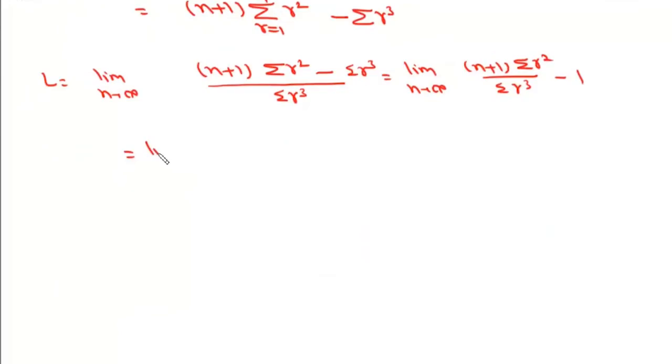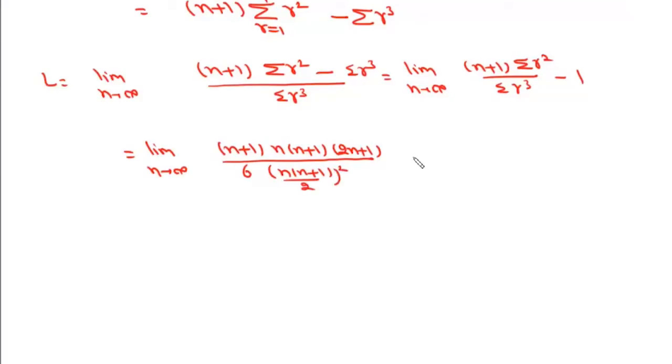Now this is limit n tends to infinite, n plus 1. Now summation r square is n into n plus 1 into 2n plus 1 divided by 6, and summation r cube is n into n plus 1 upon 2 whole square, and then minus 1. Now this n plus 1 will cancel once and this 2 will also cancel once.